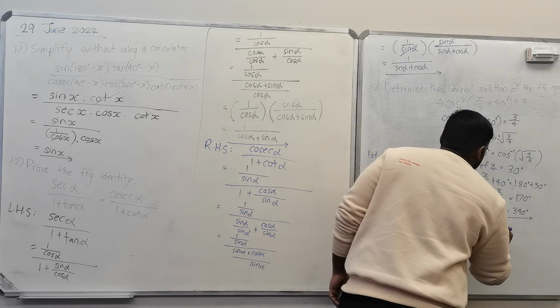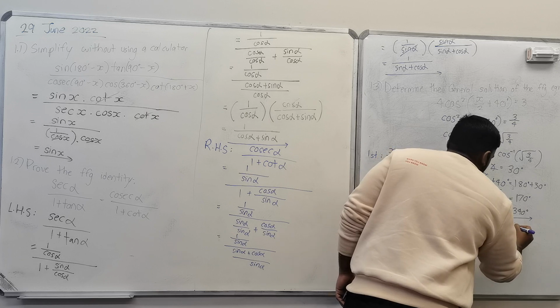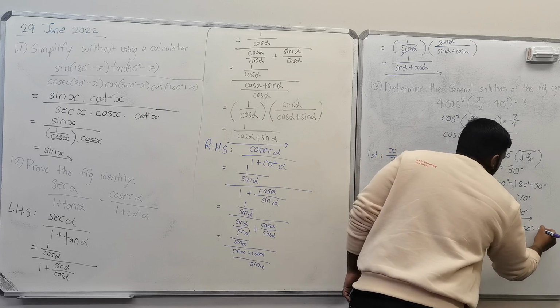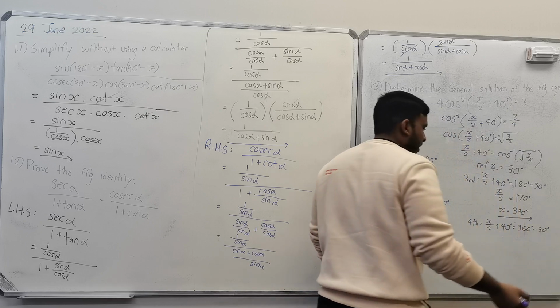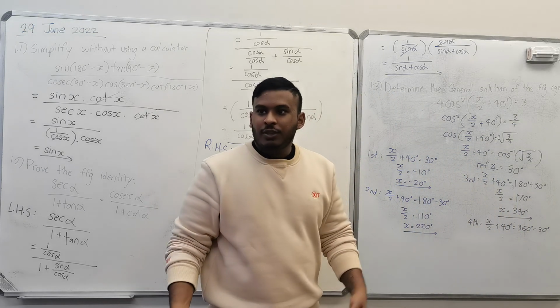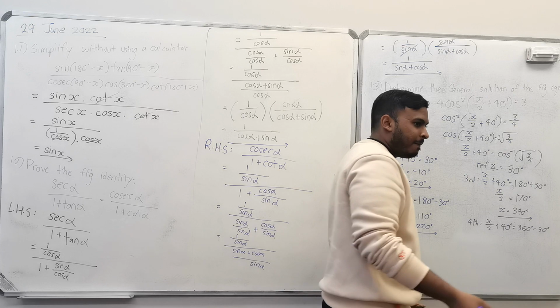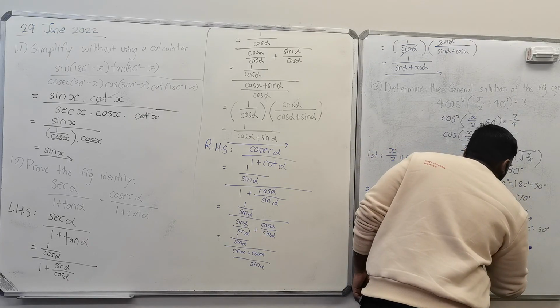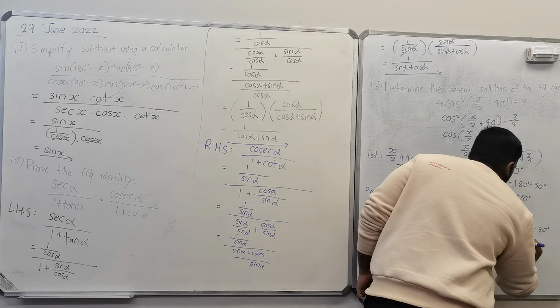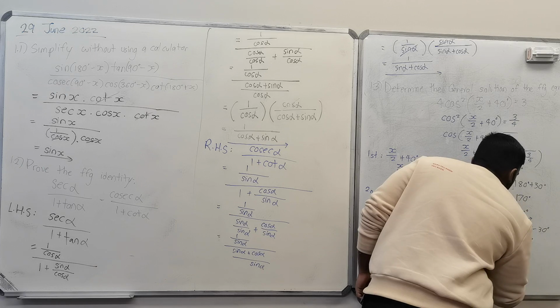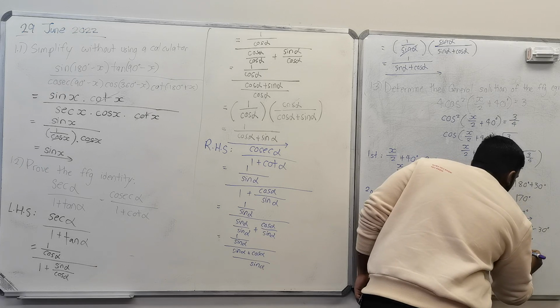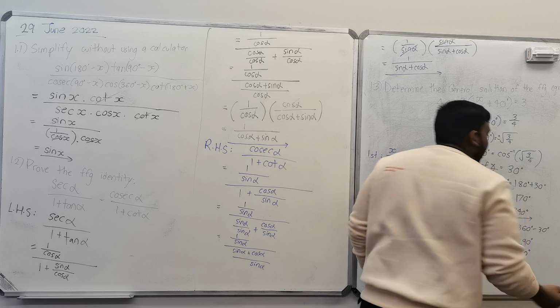Last quadrant. The condition for that is 360 minus, so it will be 360 minus 30, which is 330, minus 40 is 290. So x over 2 is equal to 290, and x is equal to 580 degrees.